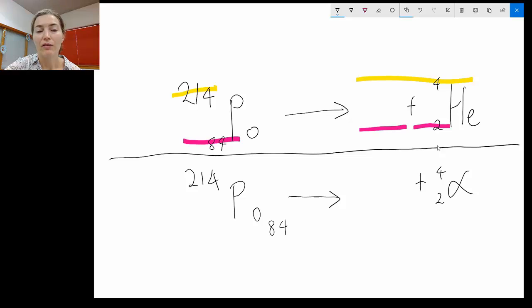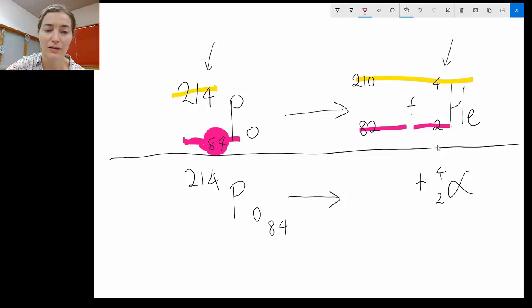So if we have 214 atomic mass count here and 4 here, well, we have to conserve mass. So this is going to actually equal 210. And then the bottom line also has to conserve mass. So it's going to be 82. So we can see all of the things highlighted in pink add up from one side of the equation to the other. So 82 plus 2 equals 84.